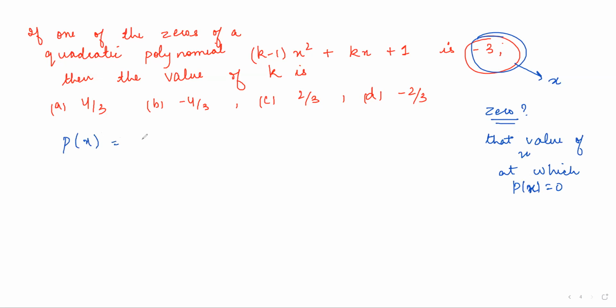If the polynomial is, for example, (k minus 1) x square plus kx plus 1, that's the given polynomial, so this is a polynomial in x. If I take the value of x as minus 3, my polynomial will become 0. Understood?